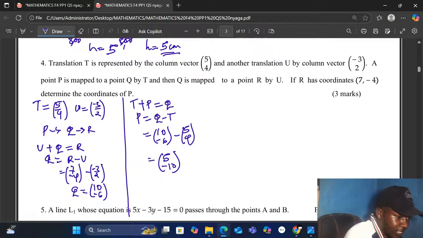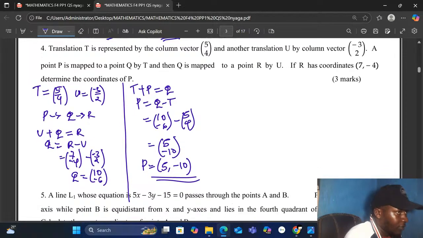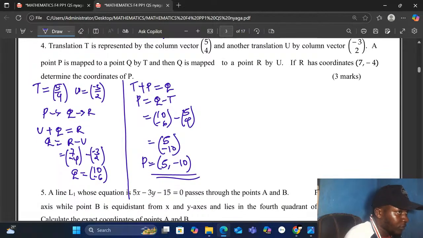The question was asking, if R has the coordinates of 7, -4, determine the coordinates of P. So the coordinates of P will be equal to 5, -10. And you get your 3 marks.